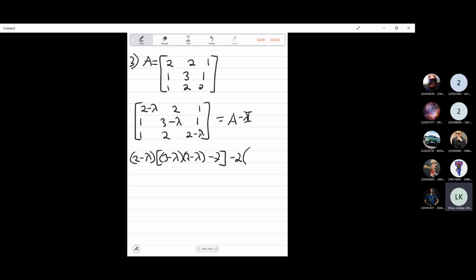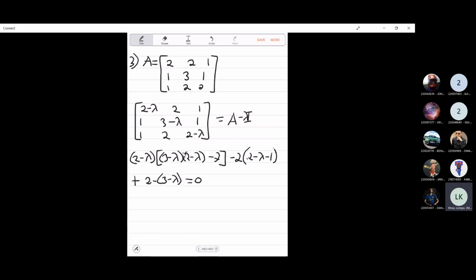So we have 1 minus that. This is 2 minus lambda. Minus 1. And then the last one, remove this row and that column. So we have a positive 1. So this is just plus 2 minus 1 times that. So that's 3 minus lambda. And this is equal to 0.